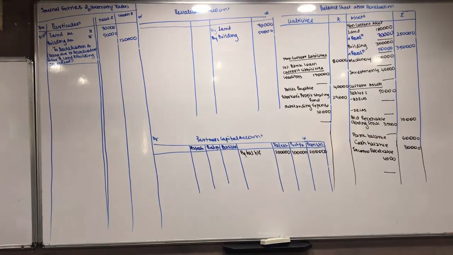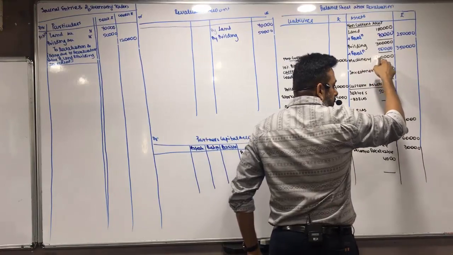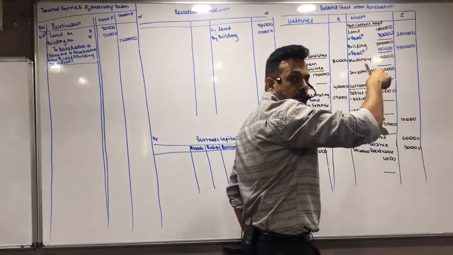The value of machinery is to be decreased up to 80,000. So machinery decreased up to 80,000. So 80,000 minus or 40,000 minus? 40,000.